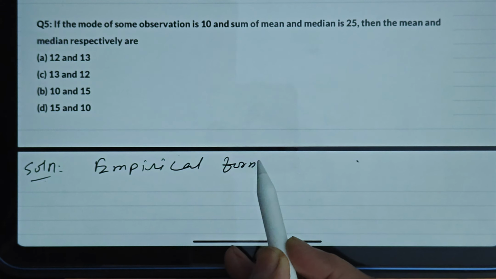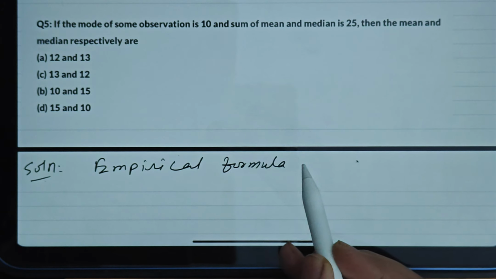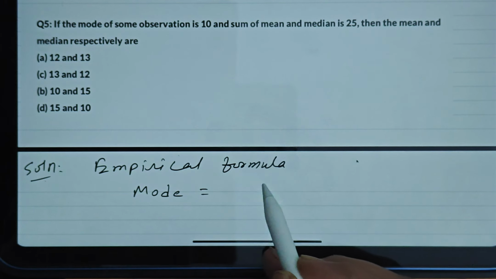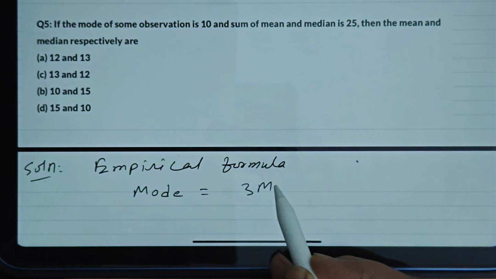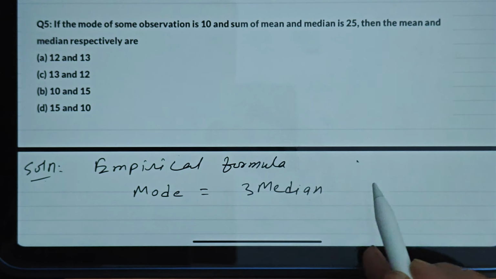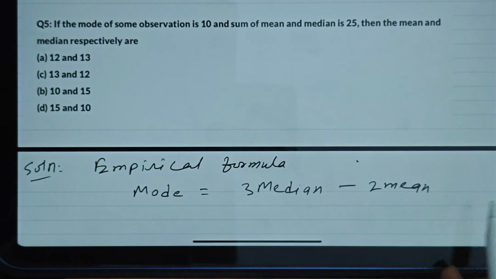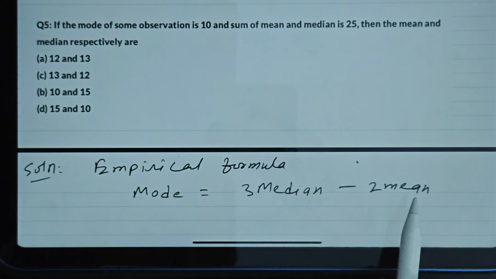So you will be able to remember the formula also. What is it? Mode is equal to 3 median. How to remember? You are 2 mean, so minus 2 mean. This way you can remember formula. 3 median minus 2 mean, like that.